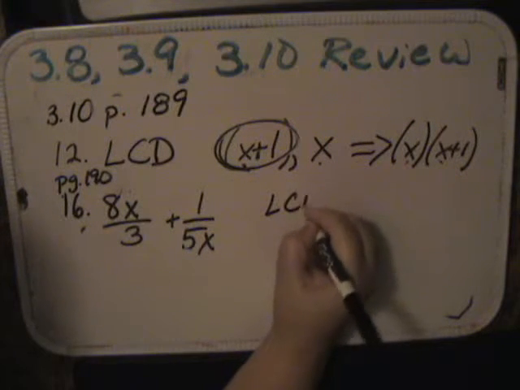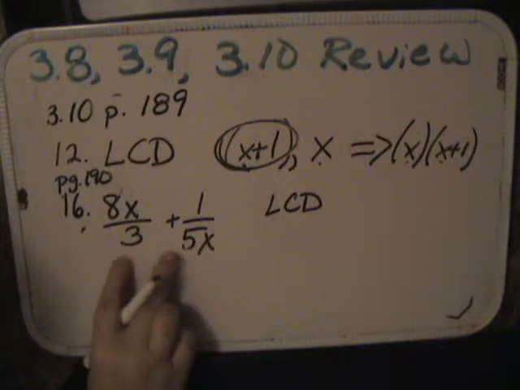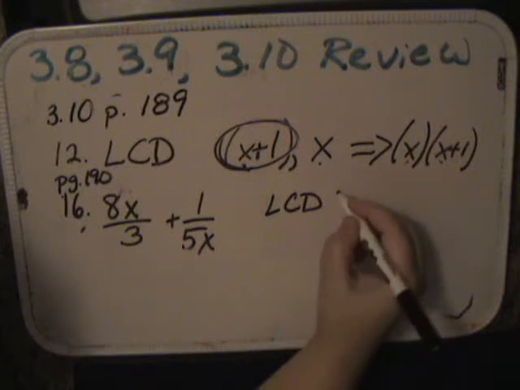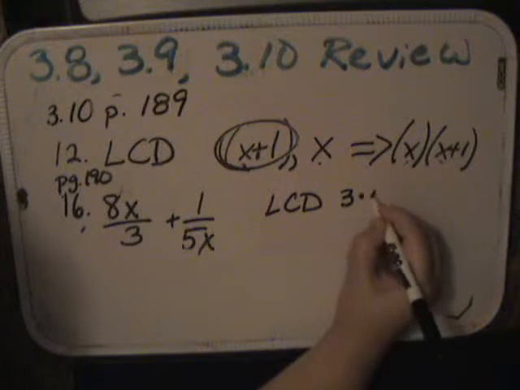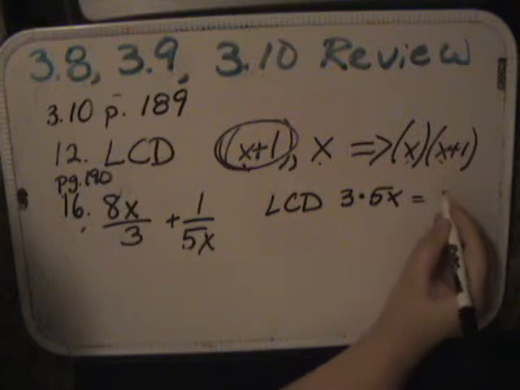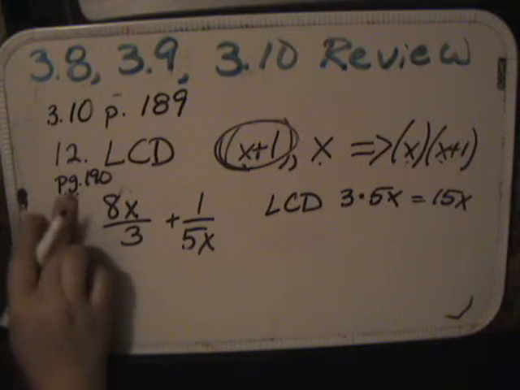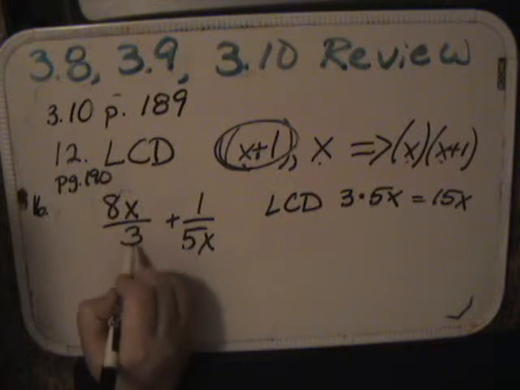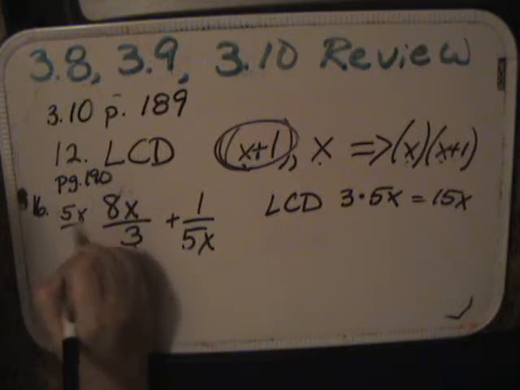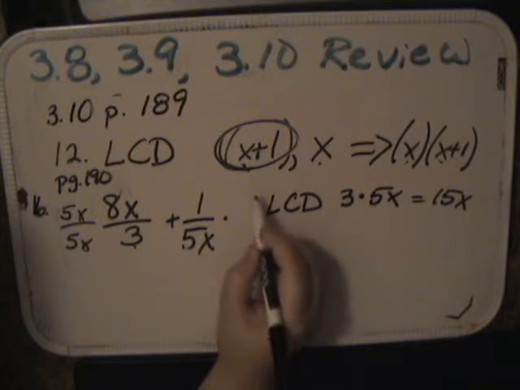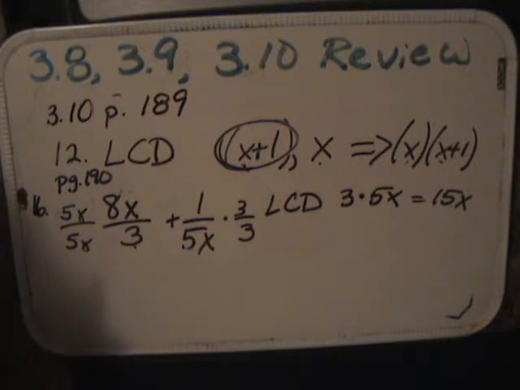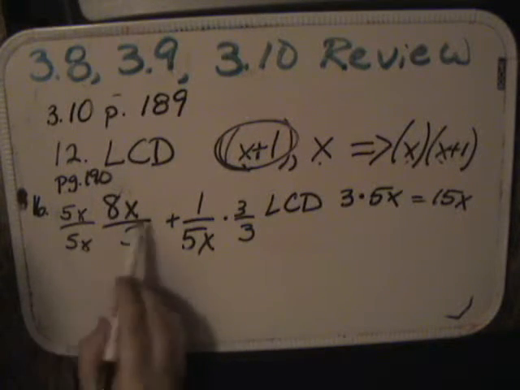So for the LCD, there are no factors that are the same, so the LCD is going to be 3 times 5x, which is 15x. So in this case, what happens is I'm going to actually multiply this side by 5x over 5x, and this side by 3 over 3. So first, let's multiply that through.